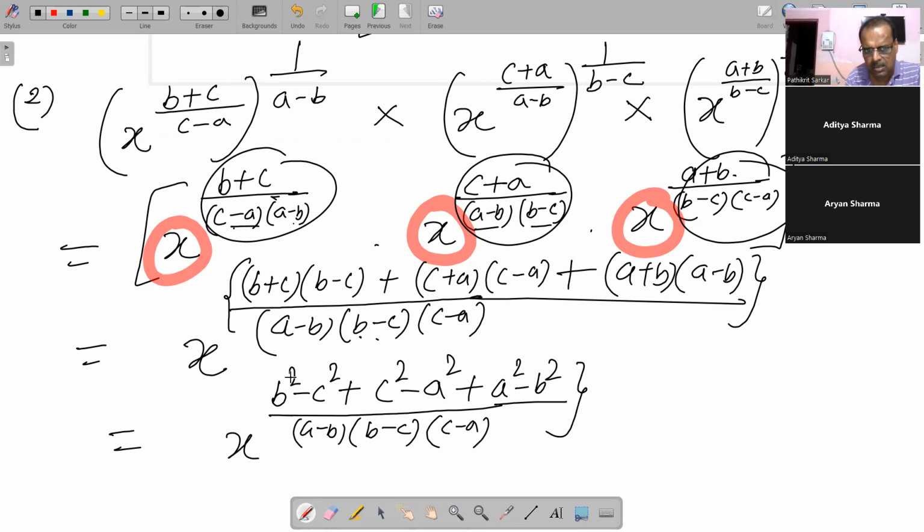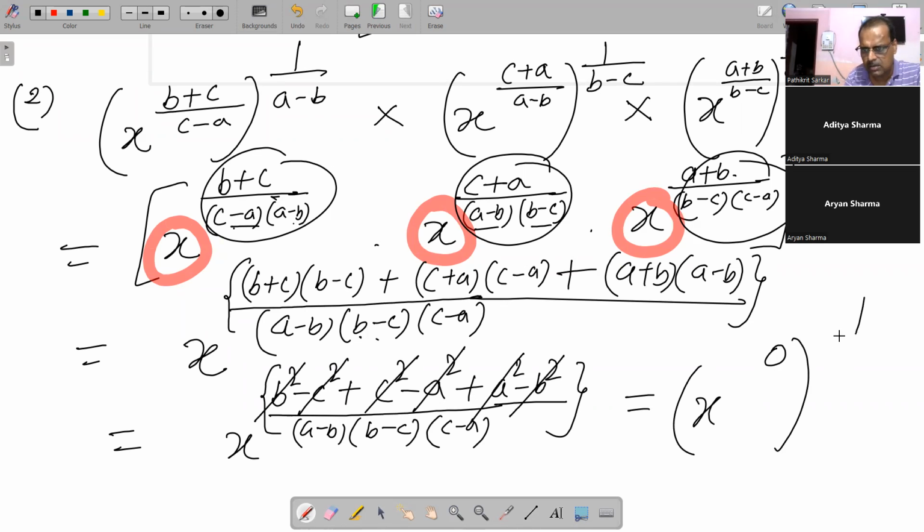So this thing it's coming. तो यहाँ पर c square minus c square को काट दो, a square minus a square को काट दो, b square minus b square को काट दो, तो कितना आता है सर? आता है यहाँ पर 0, यहाँ पर x टू दी पावर 0 ये, और यहाँ पर इसका रूट लेते हैं, दैट इज 1 बाई b माइनस सी इंटू सी माइनस ए इंटू ए माइनस बी। तो इसका मतलब क्या है सर?